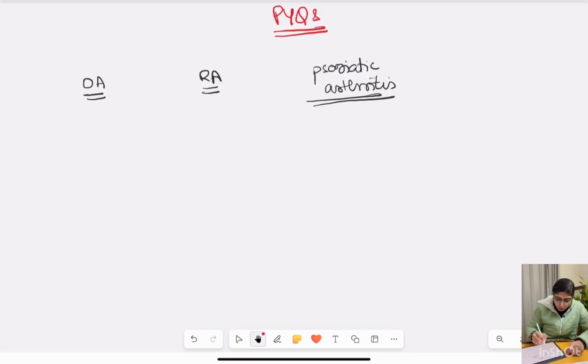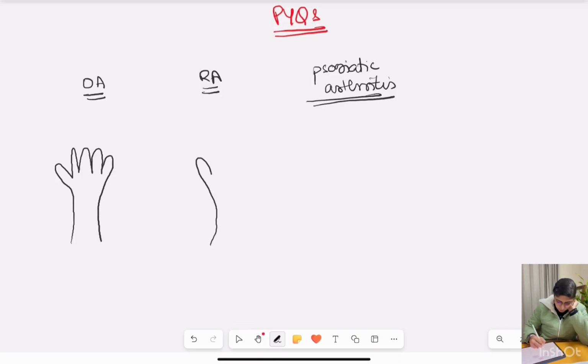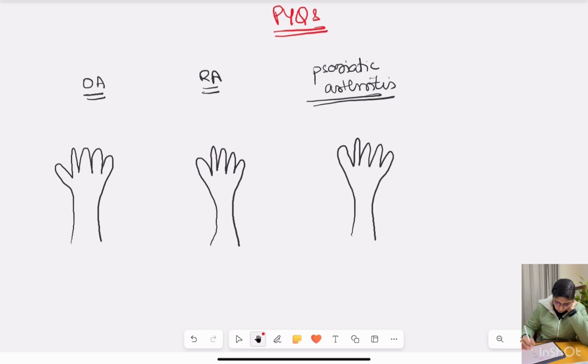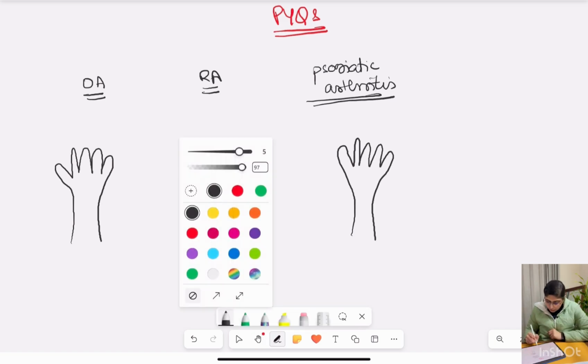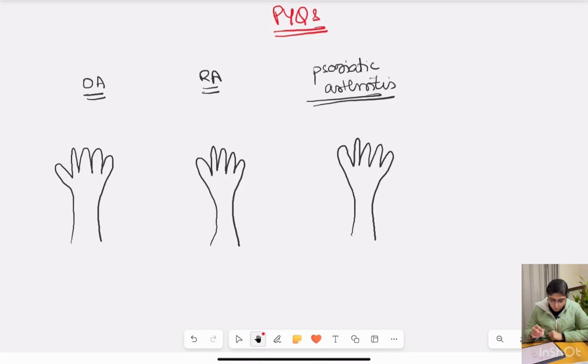What is the pattern of involvement in hands? You know what is PIP and DIP, right?